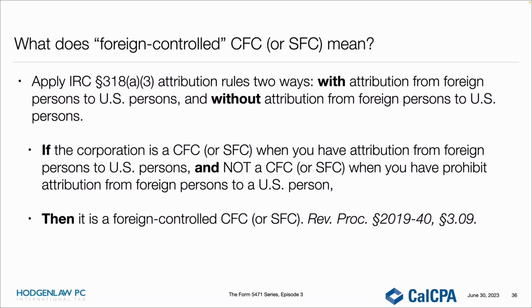So foreign controlled corporation is a kind of interesting thing. They said, apply the attribution rules the way they are now after the Tax Cuts and Jobs Act, with downward attribution from foreign persons, and apply them the way they used to be, without downward attribution from foreign persons. And if you find out that it's only a controlled foreign corporation because of the new way the law reads, then it's a foreign controlled CFC or specified foreign corporation.